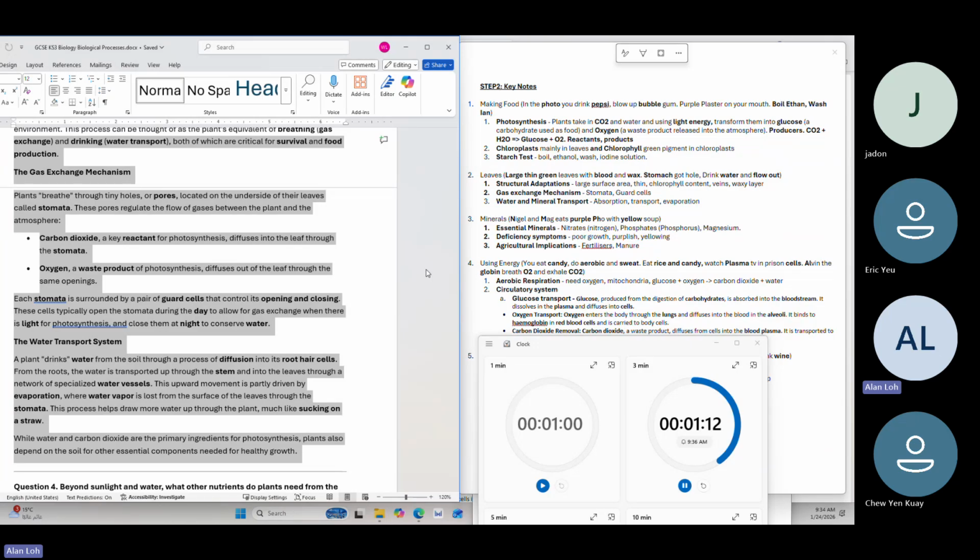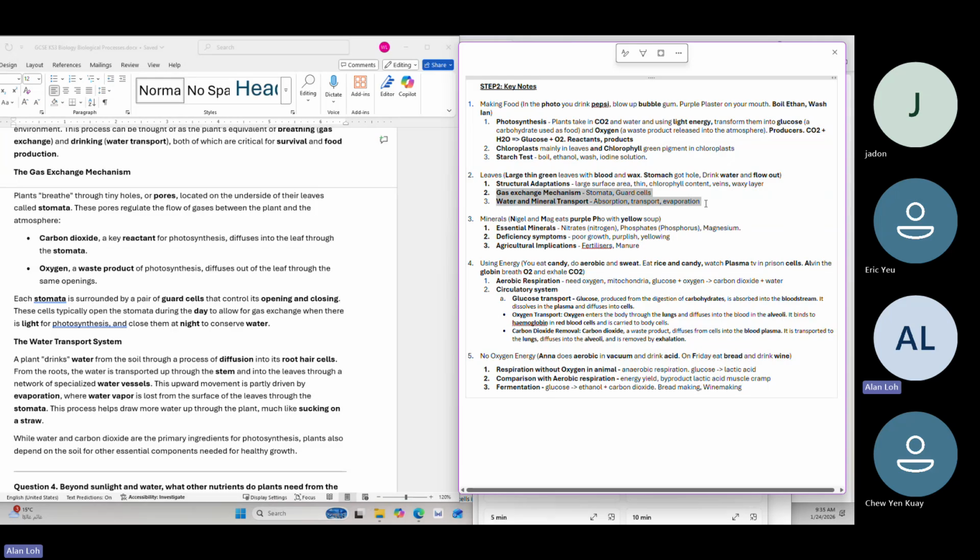Ten more seconds. Right. So by now, you should have a deeper understanding about what stomata are, what guard cells are, and how water and minerals are transported from the roots up to the stem and to the leaf. Okay.